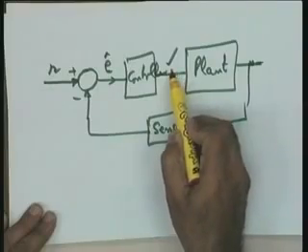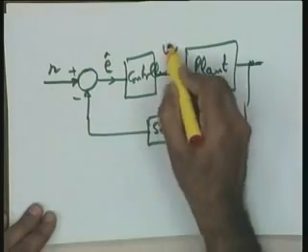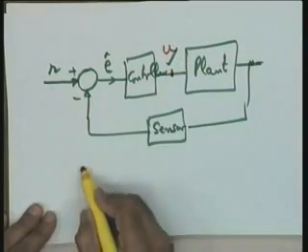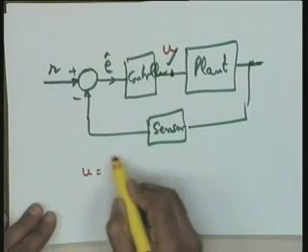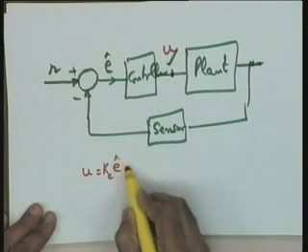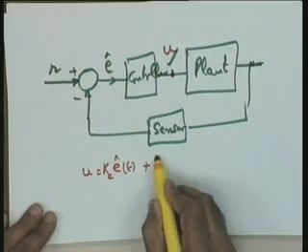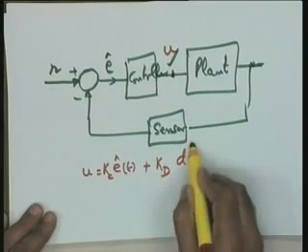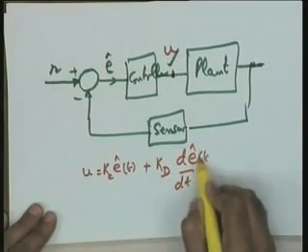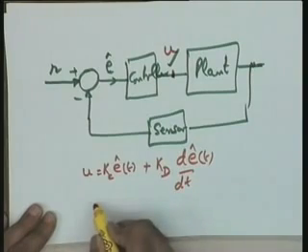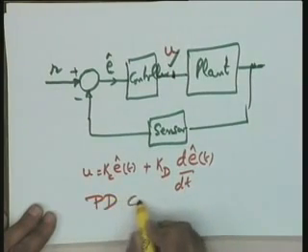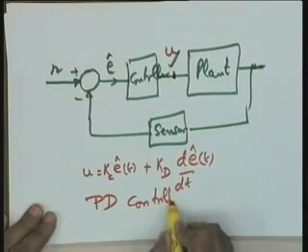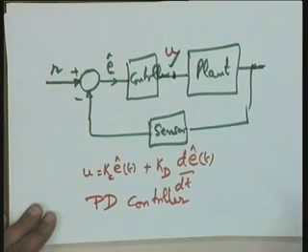Similarly, since the block diagram is in front of me, I can refer to other situations as well. If the signal at this particular point, let me call it U, is equal to KC E cap T plus KD d E cap T by dt, which is the derivative of the error, the corresponding controller is a PD controller, proportional derivative controller.